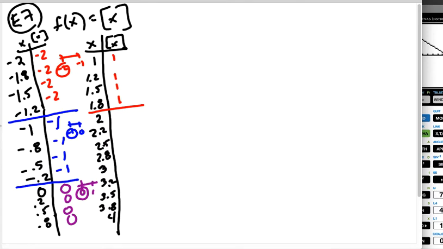All of the numbers from 2 to 2.8, and it's not just 2.8, it's 2 point anything, will round down to 2, right? Any number from 3 to 3 point anything will round down to 3, and then when I hit 4, it's going to jump up to 4.